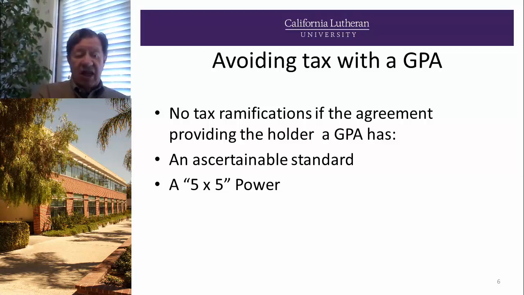Well, by giving him an ascertainable standard, he does not hold a taxable general power of appointment. Or I could have John being able to take out 5% of the value of the assets each year. Again, that would prevent him from having a taxable event.